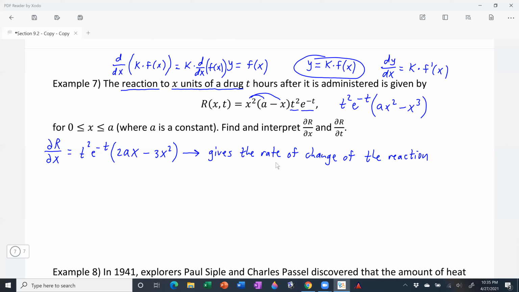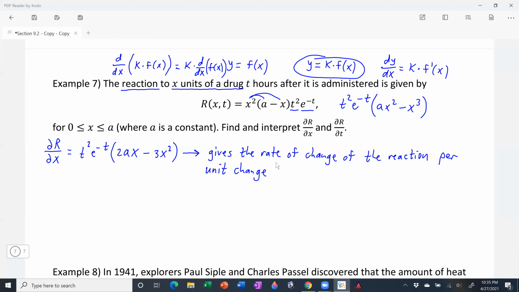And then now it's with respect to which one of the variables. So it's the rate of change of the reaction per 1 unit change. And they didn't tell us what the units were. It could have been like milliliters or cubic centimeters or whatever it is.